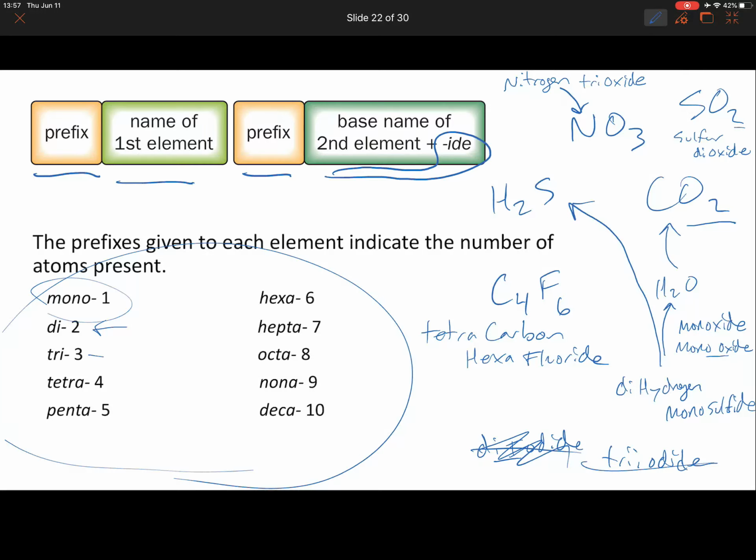These don't have charges in them. So they're completely different. You don't want to get this compound and name it disodium monoxide. Right? Disodium monoxide. It's not a molecular compound. This is a metal and a nonmetal. So it's not named the same way.